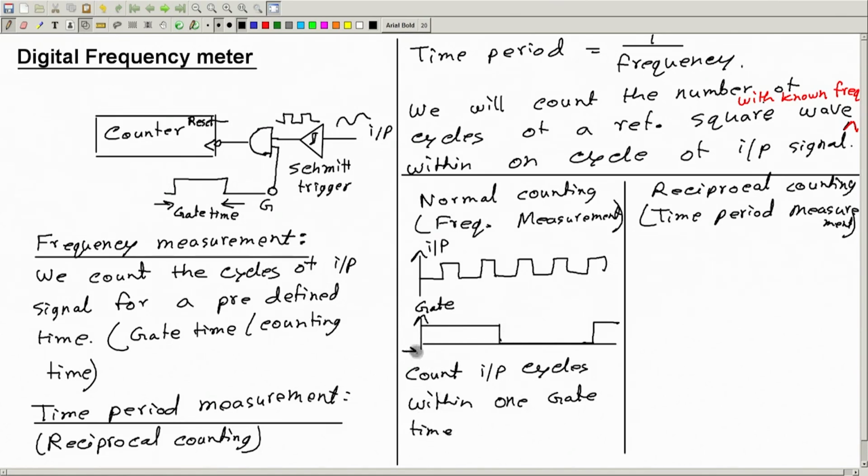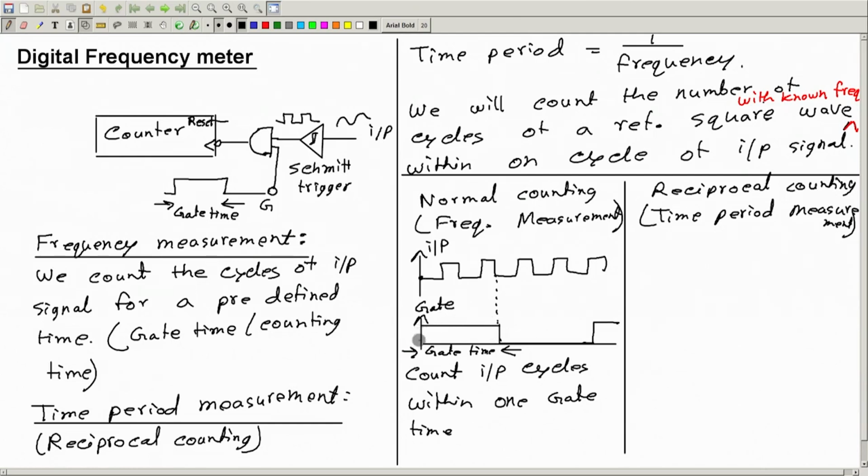Okay. So, this is gate time. Within this you count the number. So, in this case the count is how much? Starting from here I have one cycle, two cycle. So, roughly I have two cycles of input signal within this.